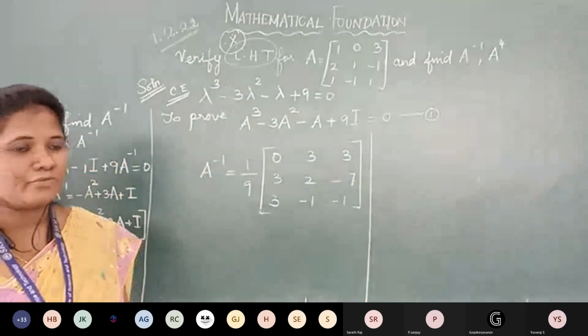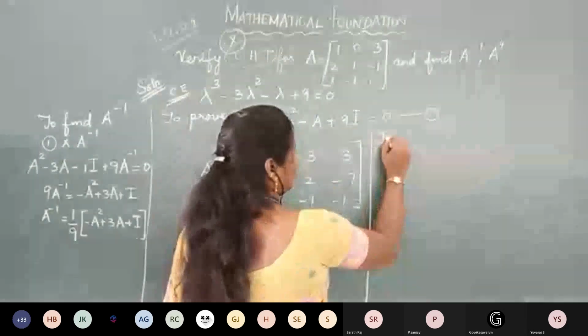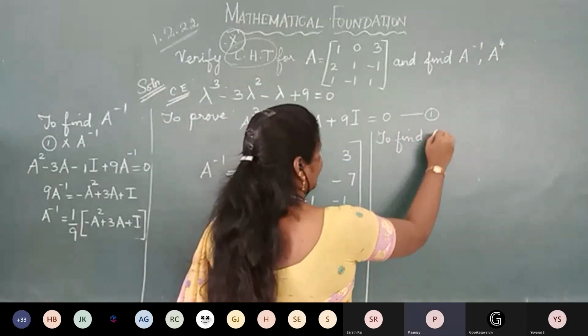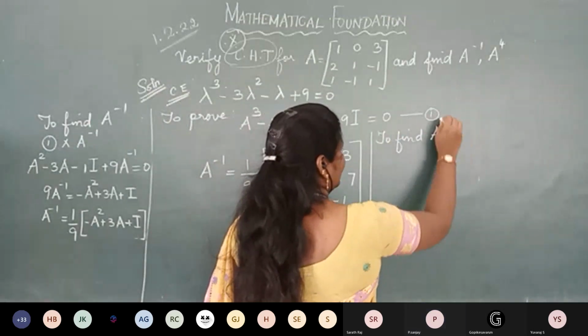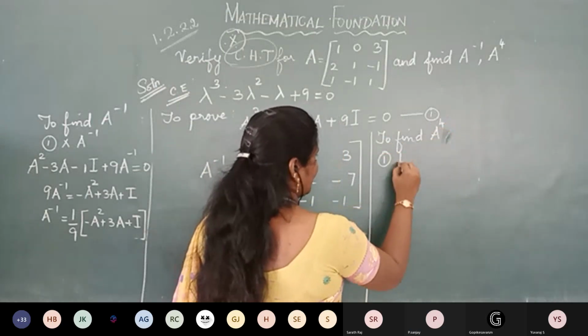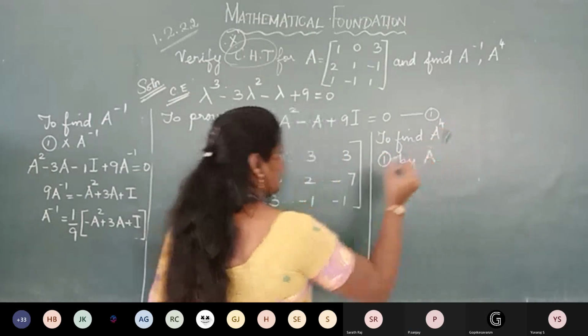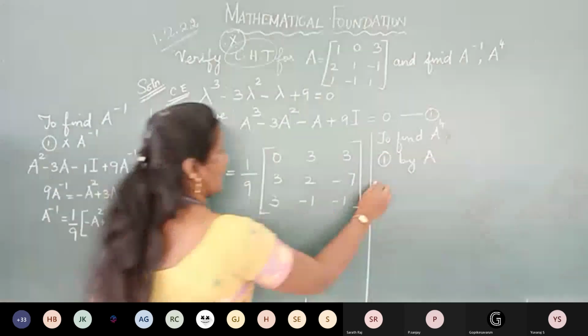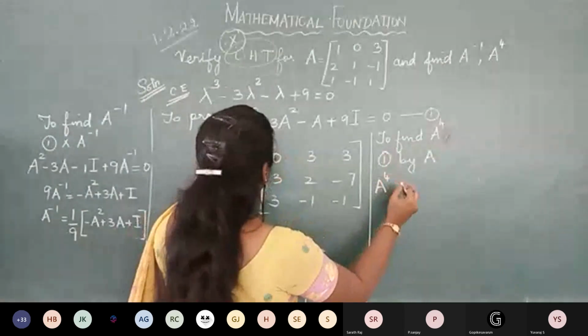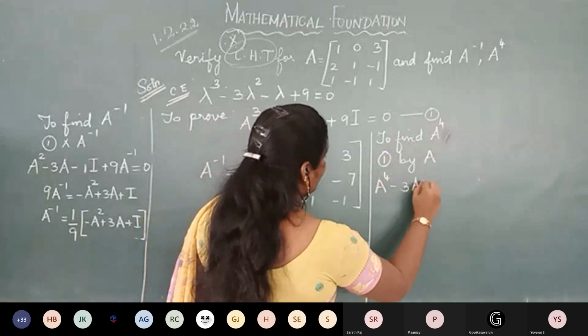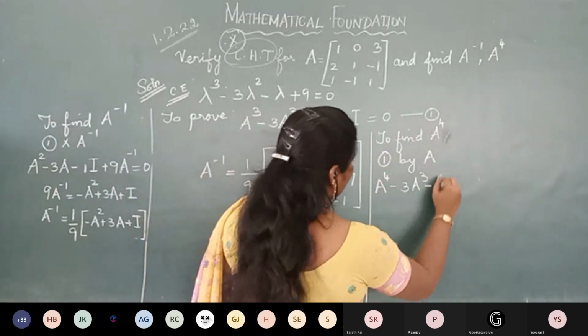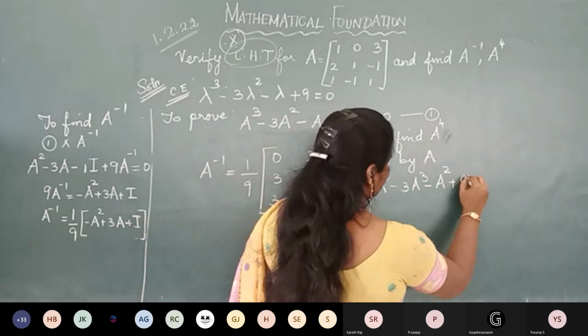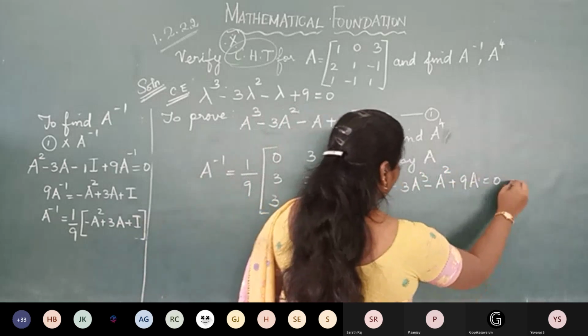How do you find out your A power 4? You have to multiply your first equation by A. So when you multiply it with A, you have A power 4 minus 3A cube minus A square plus 9A equal to 0.